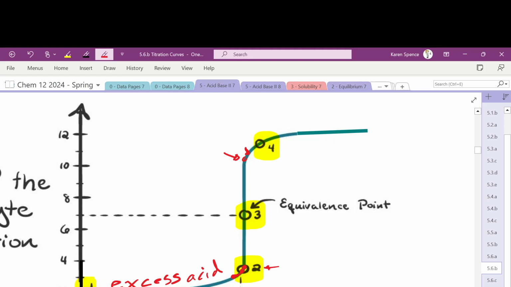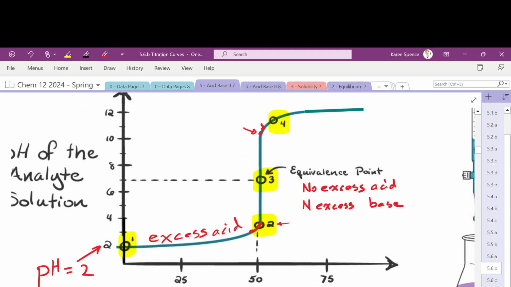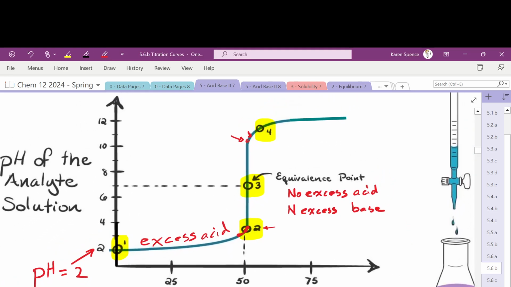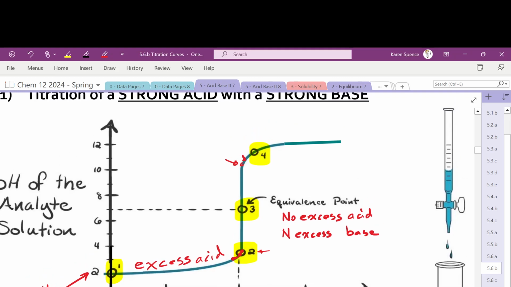Now, what is happening at the equivalence point? There is no excess acid, and there is no excess base. And then afterwards, from point 4 onwards, so that's our equivalence point, we have no excess acid, no excess base.